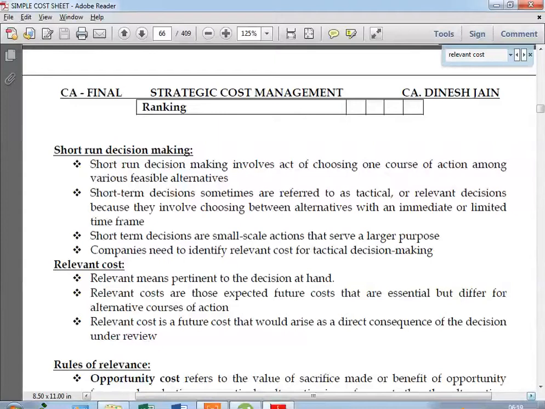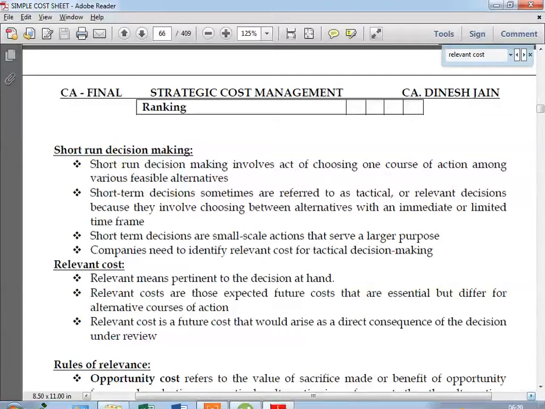I want to set up a manufacturing plant. So I call the other person, he does a market survey, he gives me the report. Now I'm deciding whether to set up a manufacturing plant or not. I did the market survey because I wanted to set up a manufacturing plant. So that is the scenario. Now when I do my analysis, is this 1 crore a relevant expense or not?